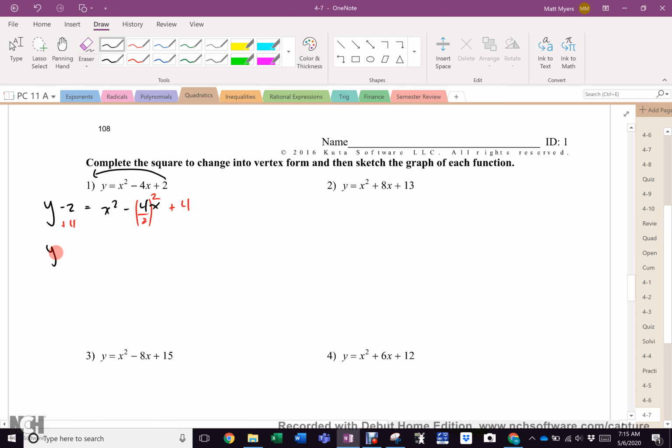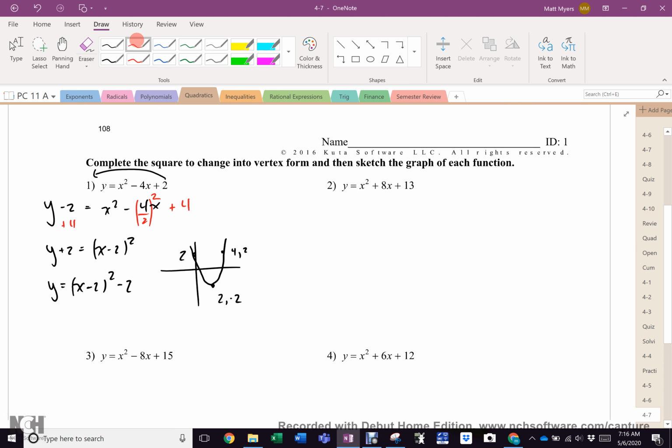So now I have y plus 2 equals x minus 2 squared, which gets me y equals x minus 2 squared minus 2. So my vertex is out at 2, negative 2. My y-intercept is, of course, 2. That's 2 away there, so I got to go 2 away here. So that is 4, 2. And there's my sketched graph.